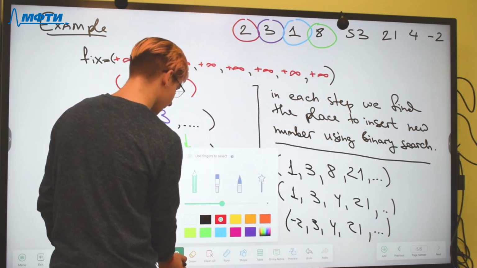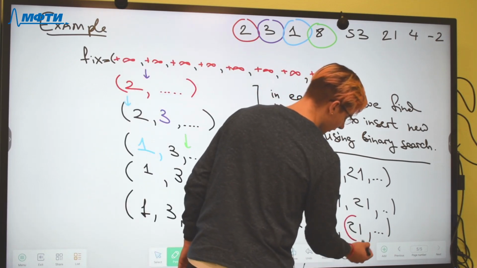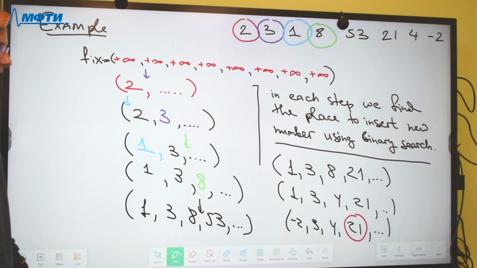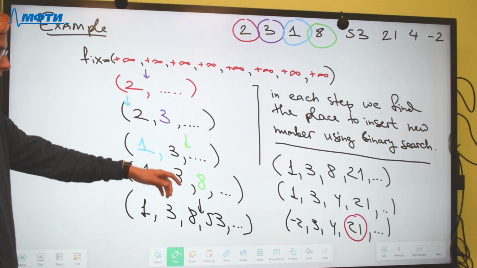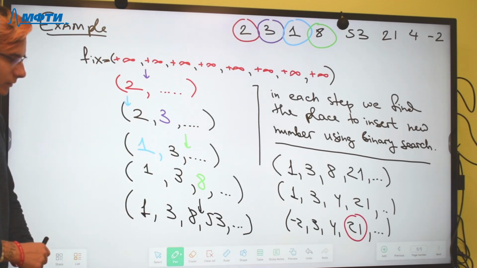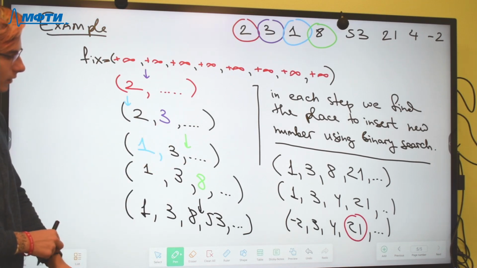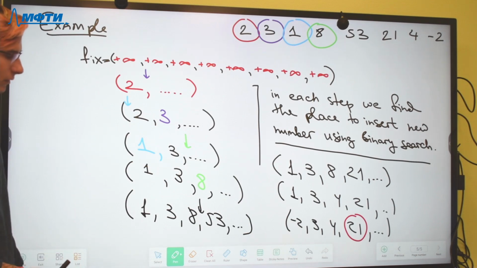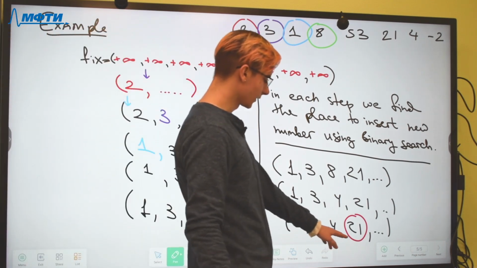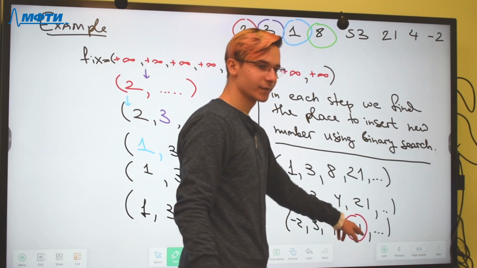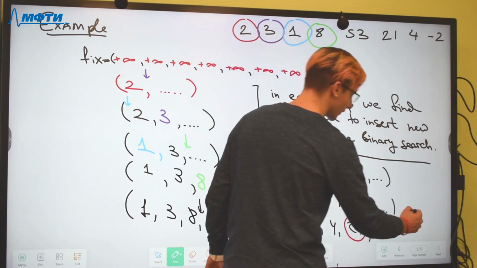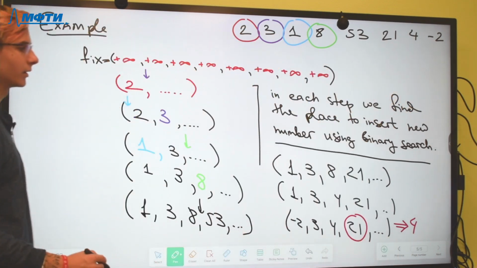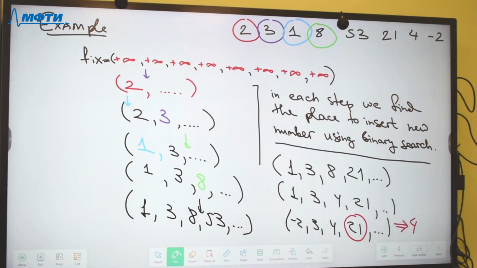And then we say, okay, the biggest number in this array that is not equal to plus infinity is 21. It is in the fourth place in this array. So the answer equals 4.